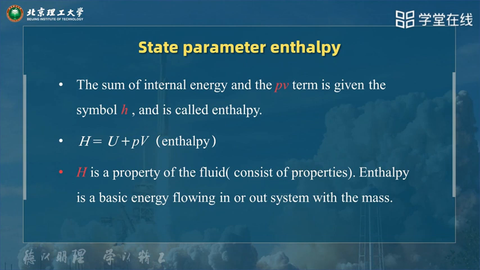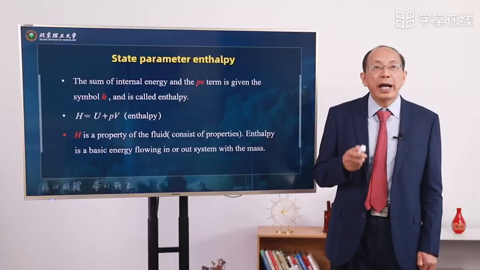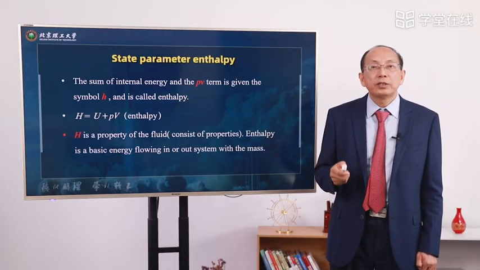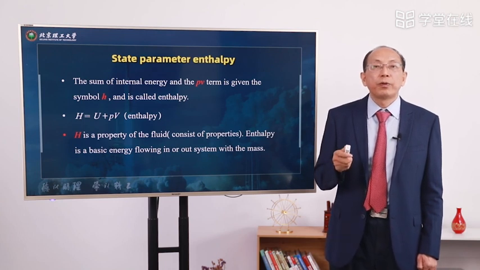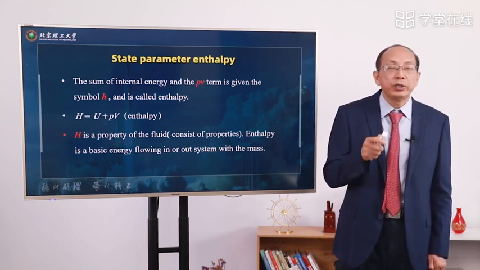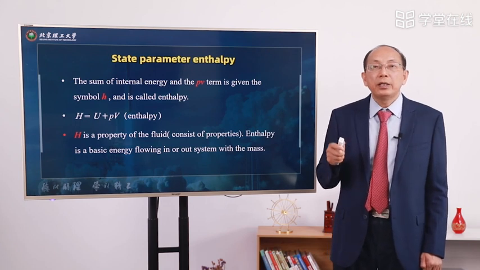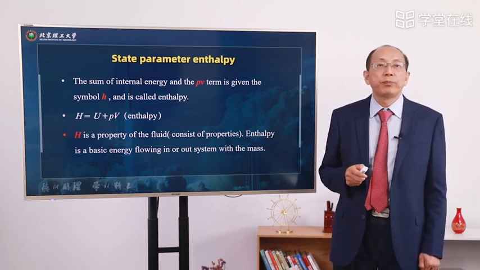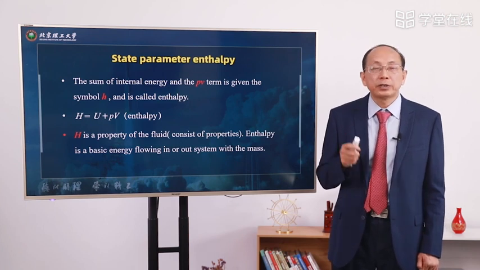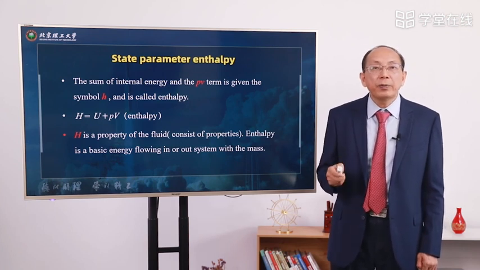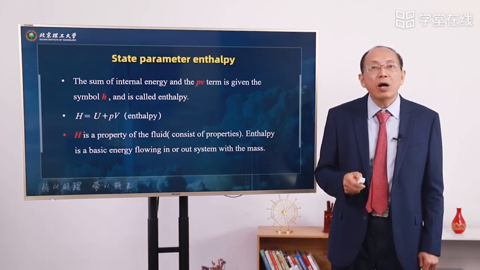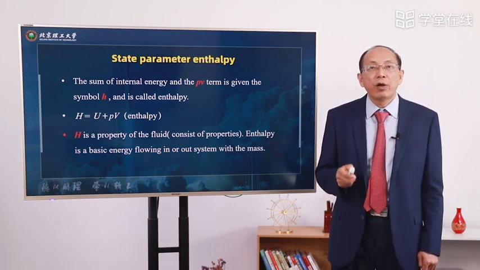We can call it enthalpy. So H is a property of the fluid, because U is a property, P and V also are properties. So H also is a property, a state parameter. Enthalpy is a basic energy flowing in or out of the system with the mass.